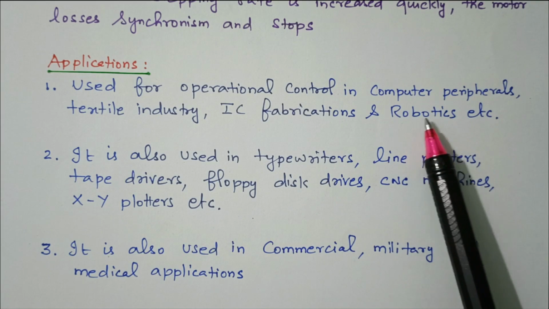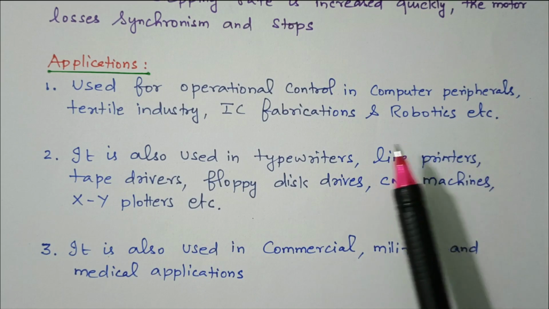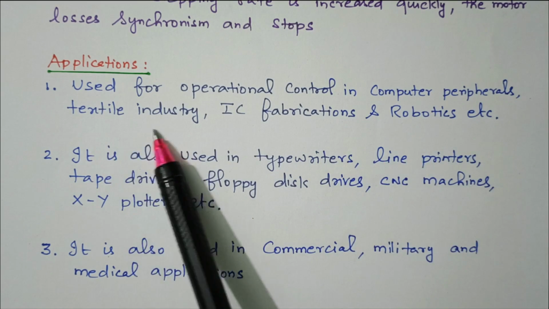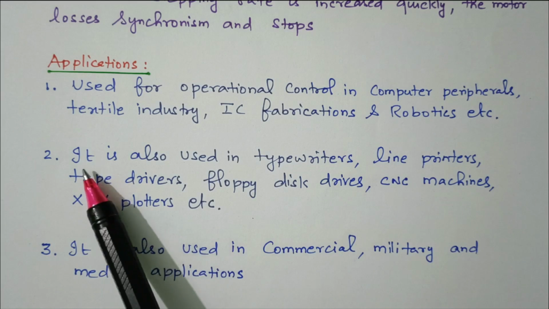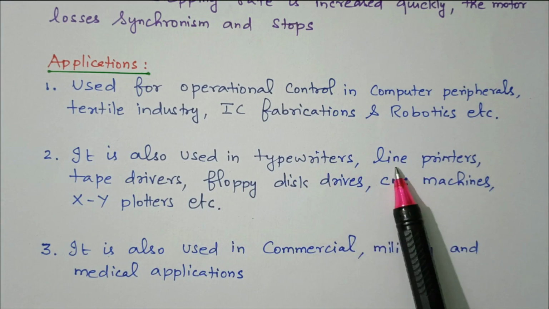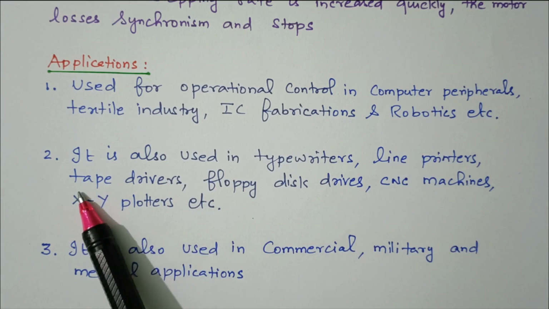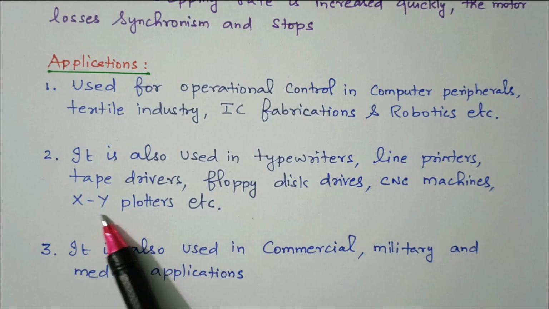Similarly in robotics, movement of the arm, movement of the leg, moving right side, left side, everything is controlled by the stepper motor. In the textile industry, step-by-step movement is needed. It is also used in typewriters, very similar to printers, line printers, tab drivers, floppy disk, CNC machines, XY plotters.